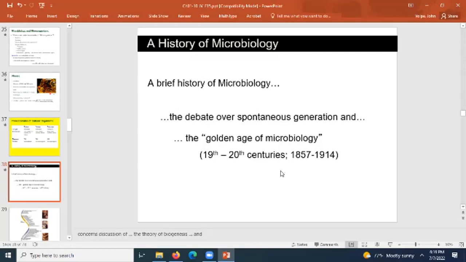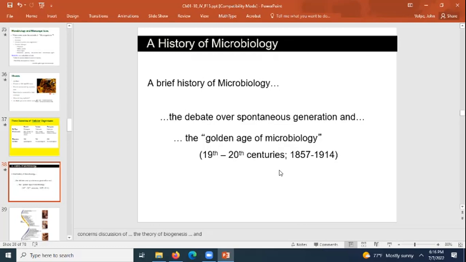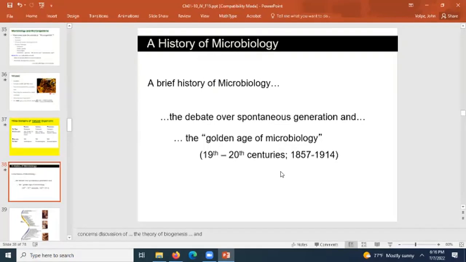They had to get certain ingredients together and the vital force coming into it to make the spontaneous generation of the organism, or did all organisms come from a pre-existing organism? And that is known as the theory of biogenesis. Any question about that?